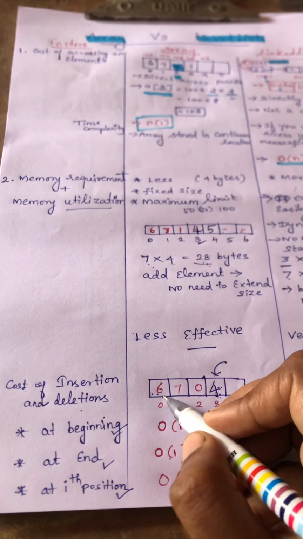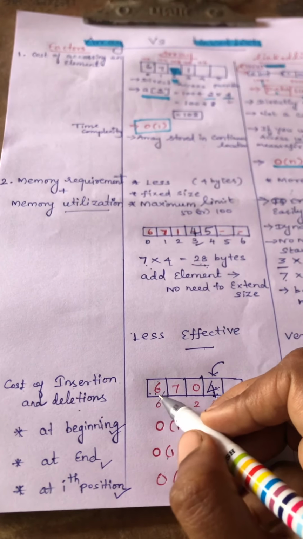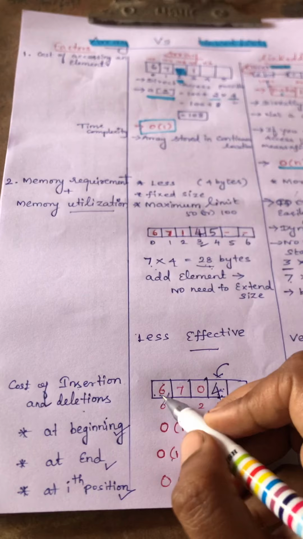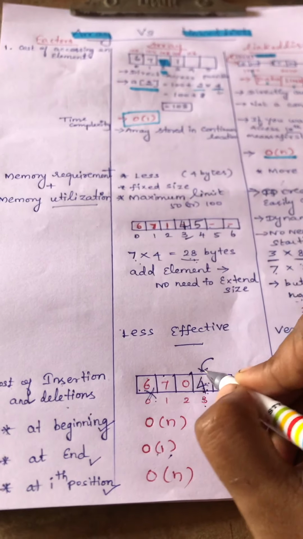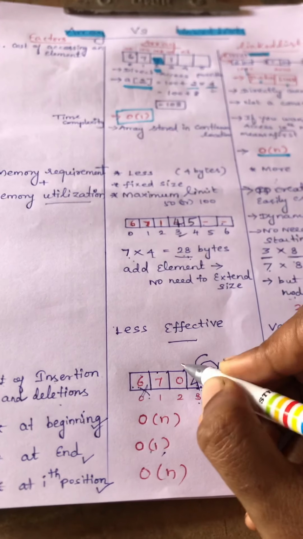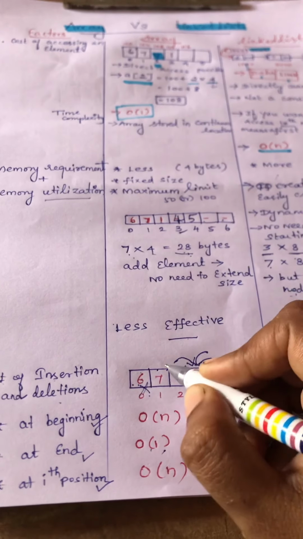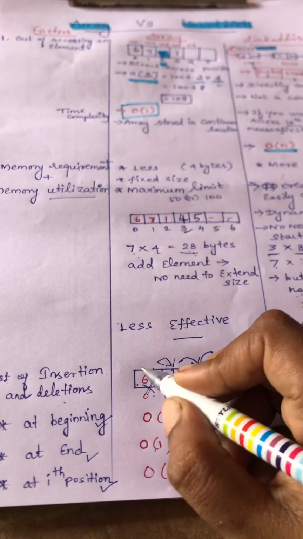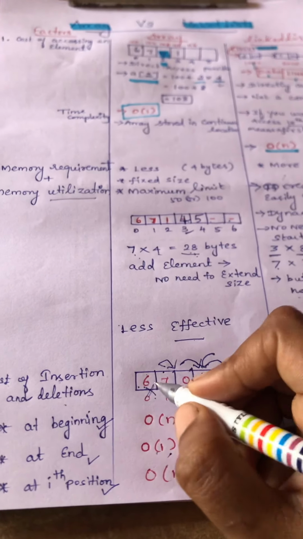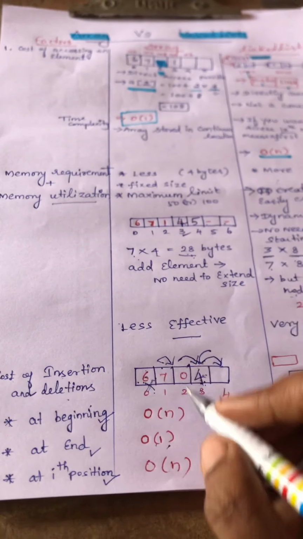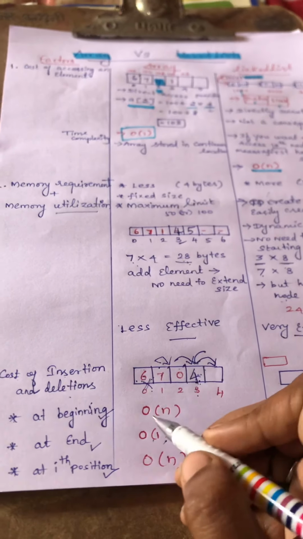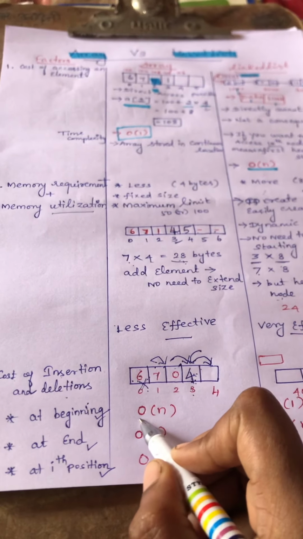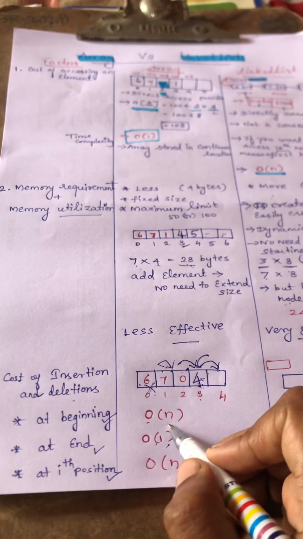To add here, first I have to free the space. So what we do is shifting each element one by one. After that, some space is free, and at that time only we add the element. So here n movements appear, so the time complexity is order of n.